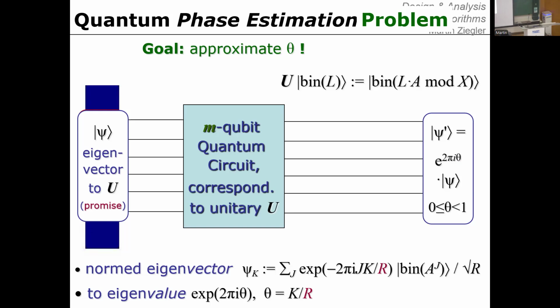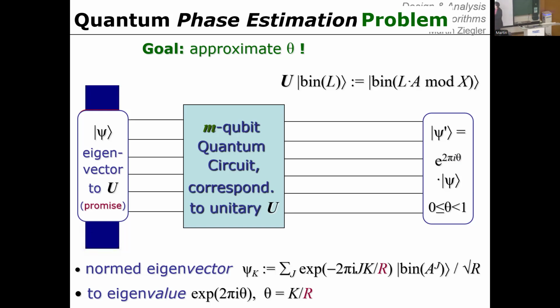And remember what happens during a measurement in quantum mechanics? The superposition state collapses to one of the eigenvectors. There's no telling which one. Quantum mechanics is intrinsically non-deterministic, random.